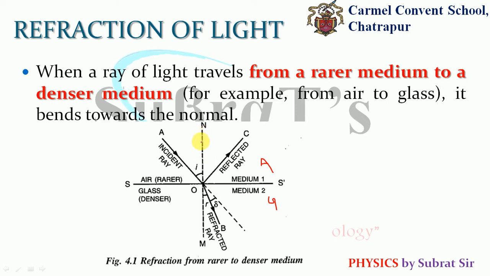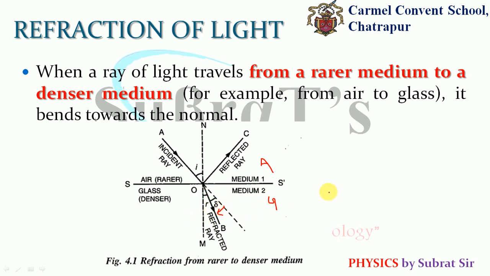This one is the normal, and the ray is bent towards the normal.